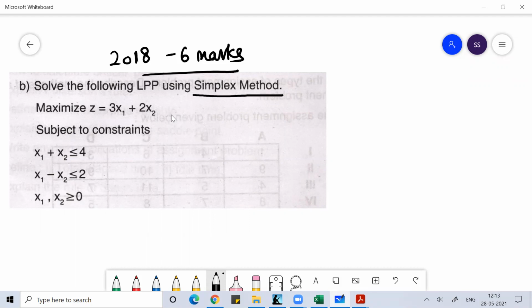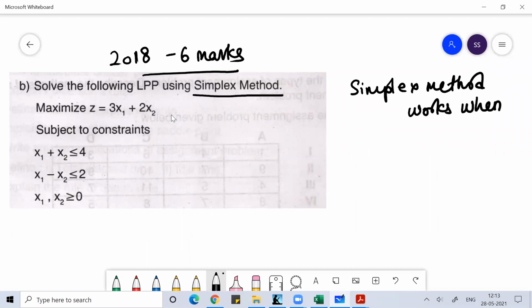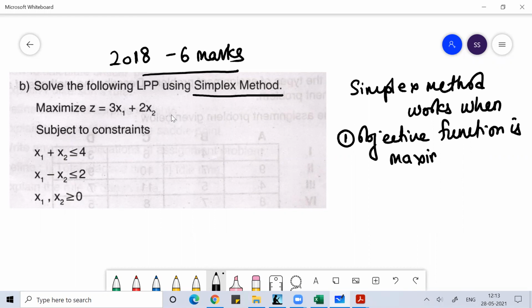You should always make sure your objective function is maxima. It works when your objective function is maxima. Then only the simplex method will work.